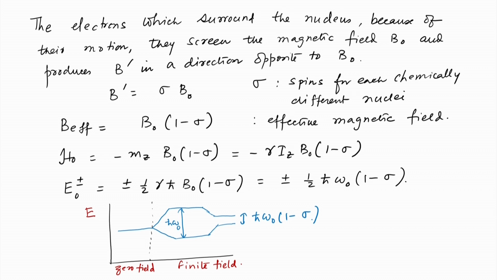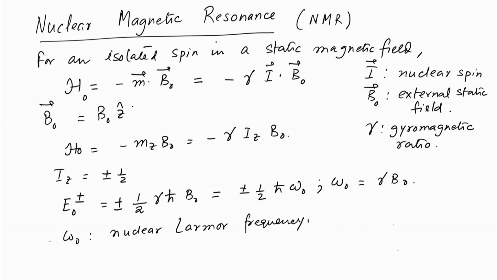So, basically this is the bare nucleus, which is what we have worked out, and this is the nucleus in presence of the electrons. Of course, at 0 field there is no splitting, and as soon as the field is applied for the bare nucleus, they split into these two values which we have shown here, plus minus half h cross omega naught.